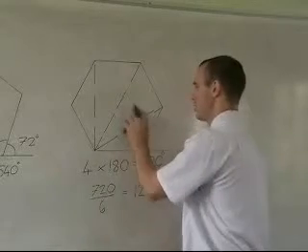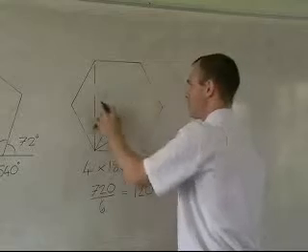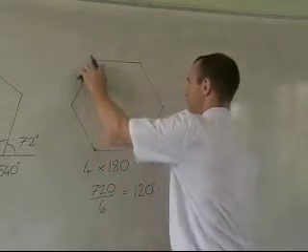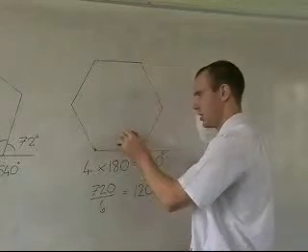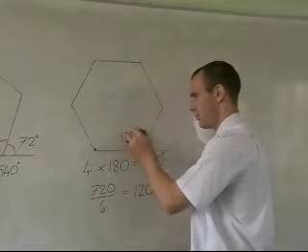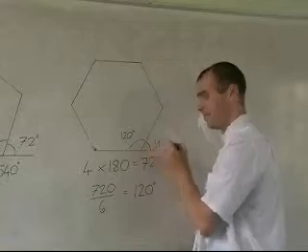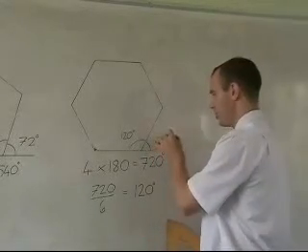Just rub the rest of these lines out to avoid any confusion. So we know this angle here is 120 degrees. So the angle here, which may be labelled y, would be 180, take away 120, which is 60.